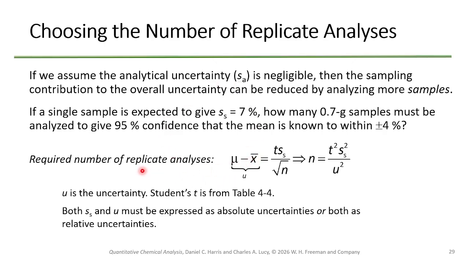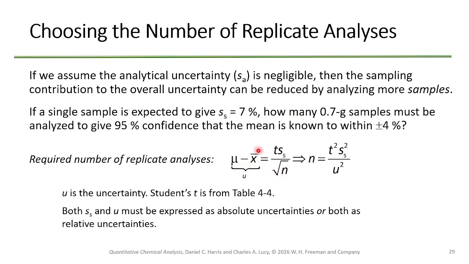And so the required number of replicate analyses is U, with the uncertainty minus the mean here, equals T from the student t-test number, right? Times S, which is your standard deviation here, over square root of N. And so this is actually the number we need to end up solving for. This is the number we actually need to understand.